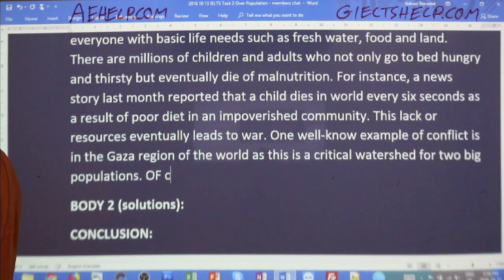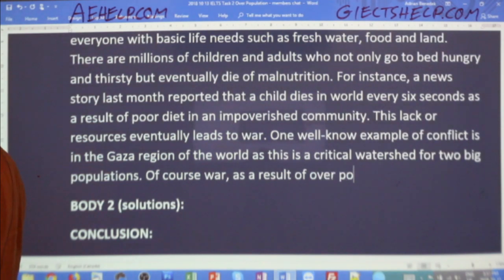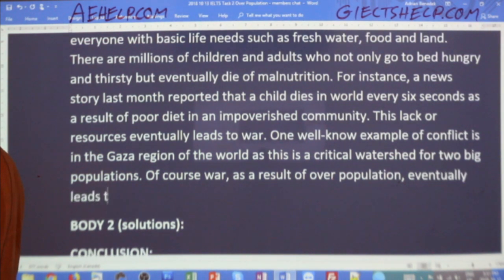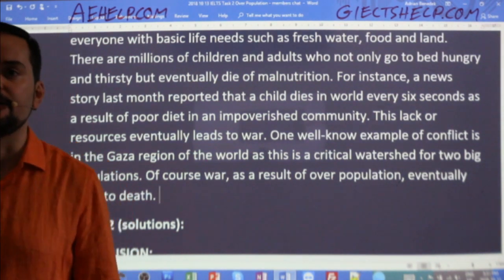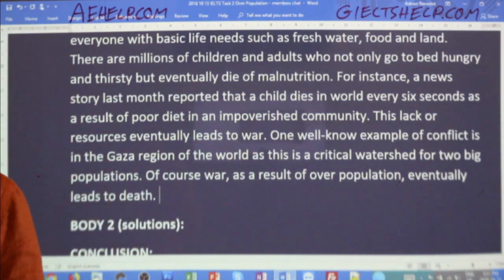Of course, war, as a result of overpopulation, eventually leads to death. Okay? A very strong way to finish that body paragraph, okay?